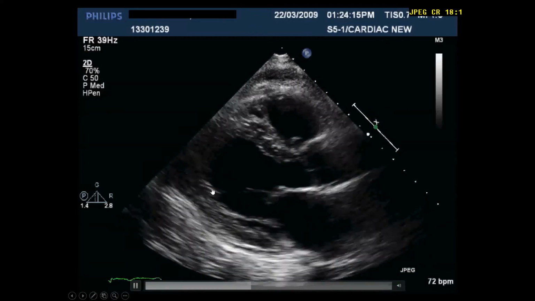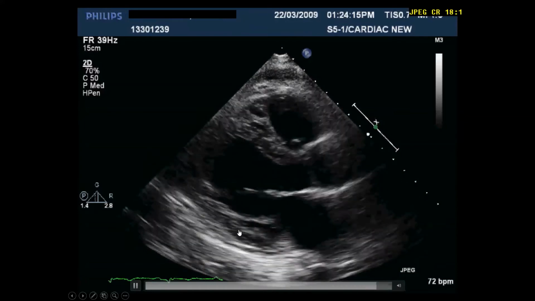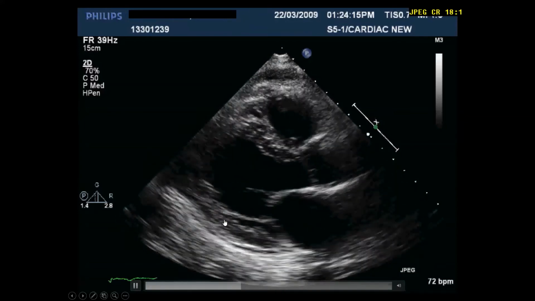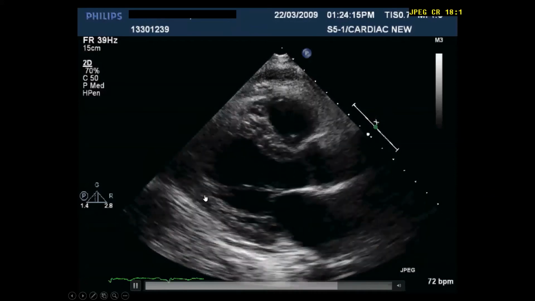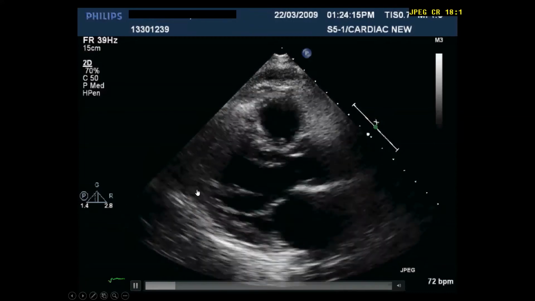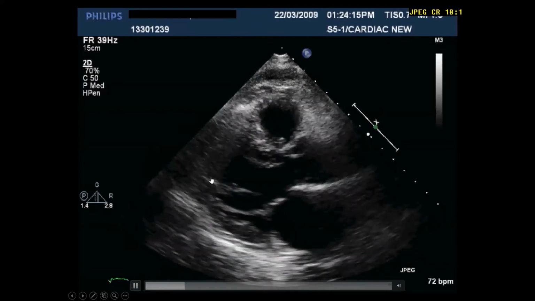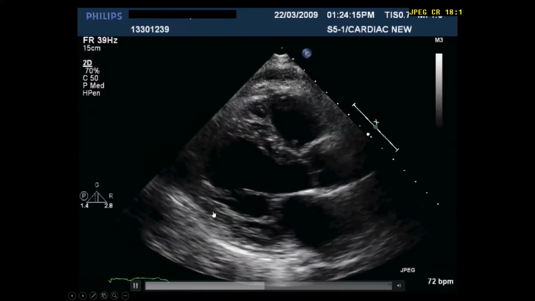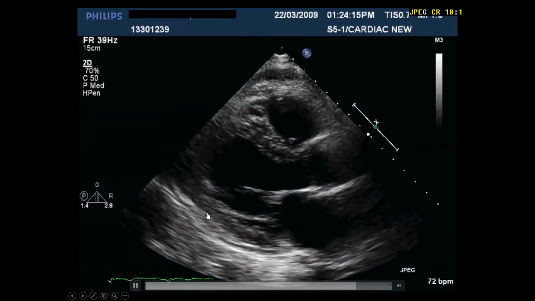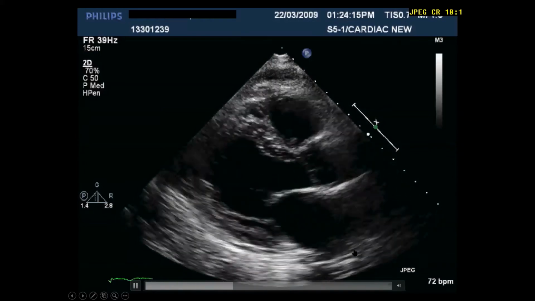Is there any thickening in this direction, or just traction from side to side, which is passive movement and doesn't count? This is akinetic posterior wall, because I appreciate no thickening, no inward movement, only the traction movement from side to side.